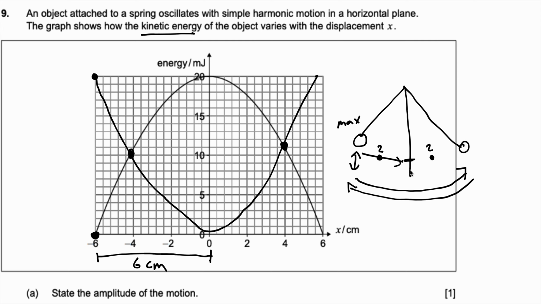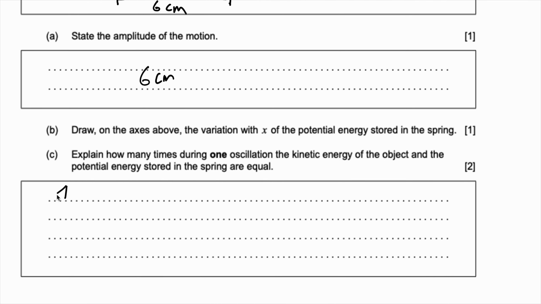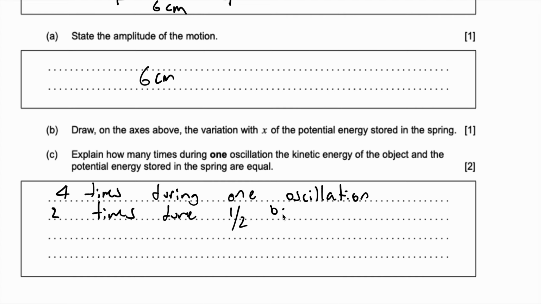So you have 4 times during one oscillation where your kinetic energy and potential energy are equal, or you could say 2 times during a half oscillation. That would be the right answer for this question.